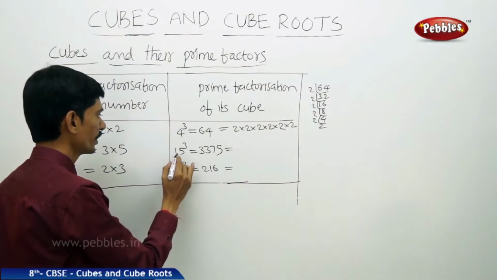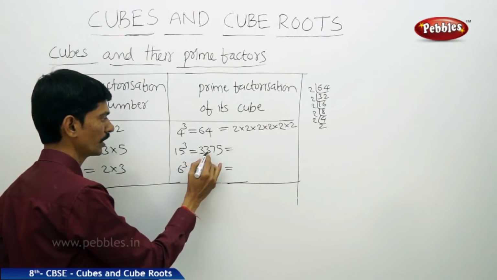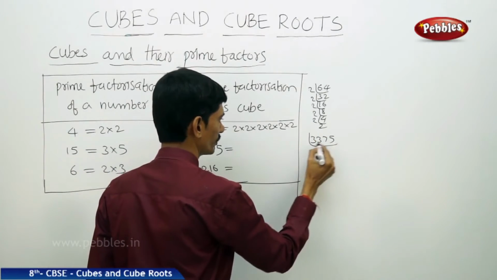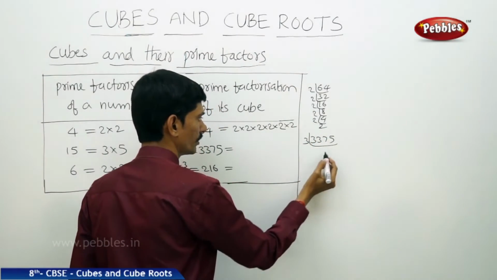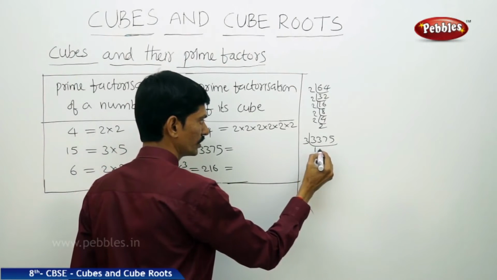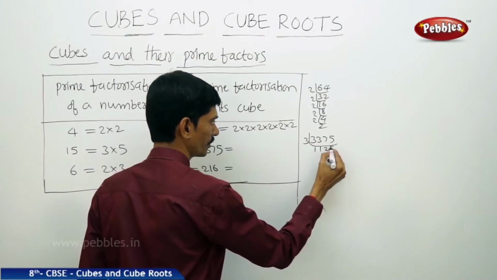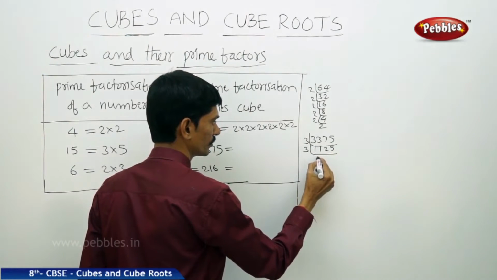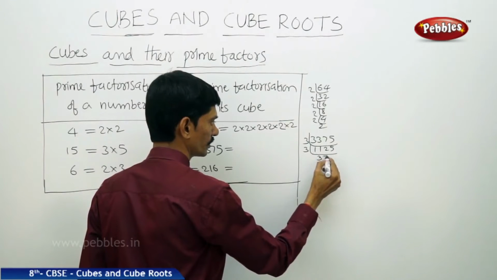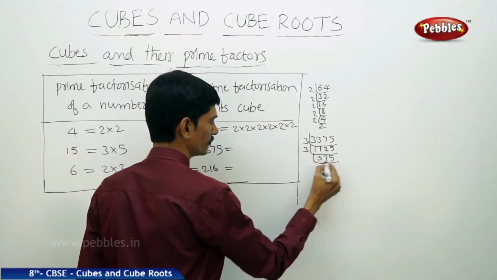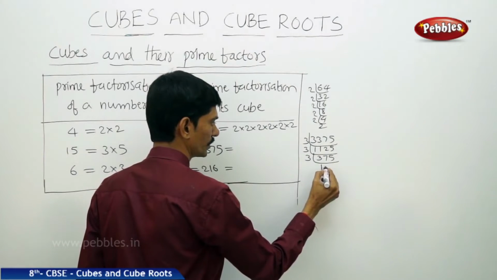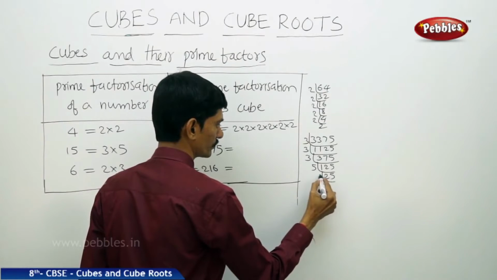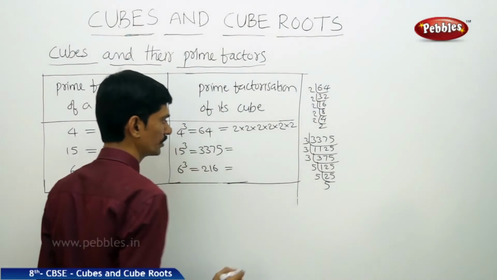And the prime factorization of 3375: if you factorize this, we observe that there are 3 3s and 3 5s.